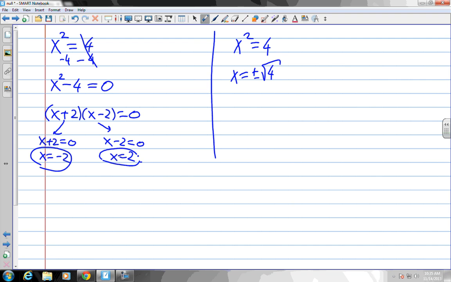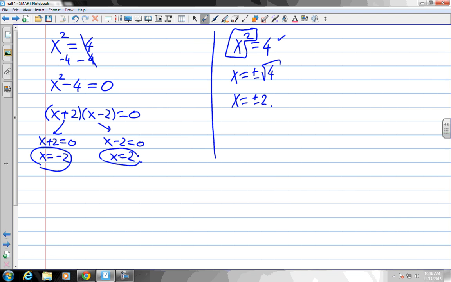So plus or minus 2. Same solution, right? A lot quicker. So maybe in the case where you have an isolated square on one end and a number on the other end, taking the square root of both sides might be a lot faster.